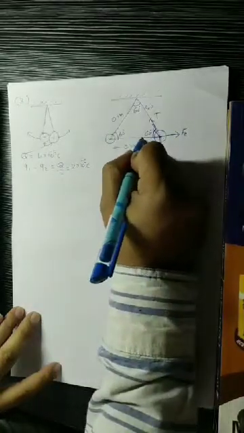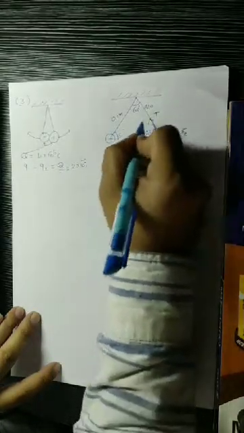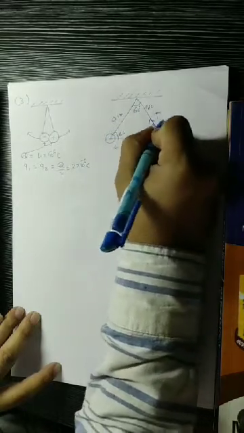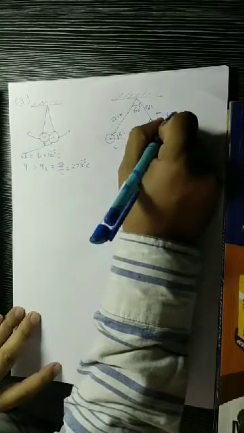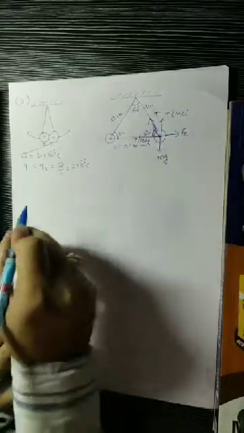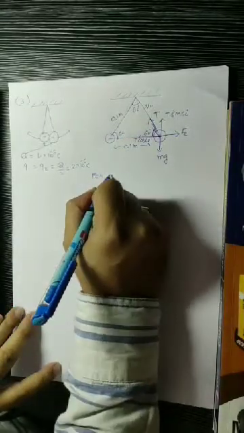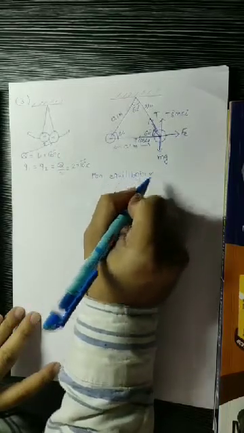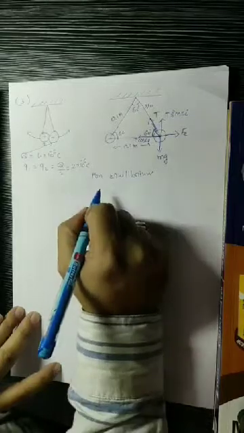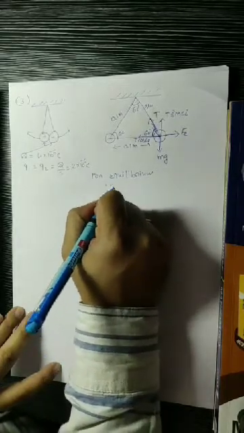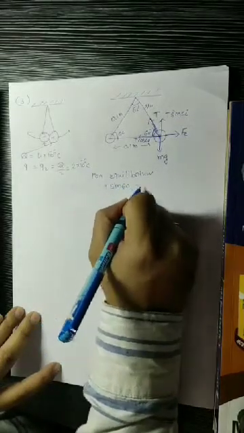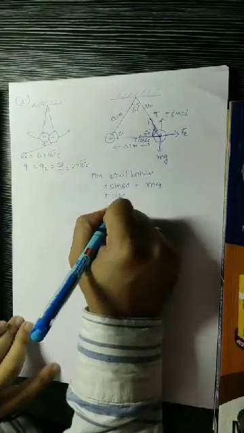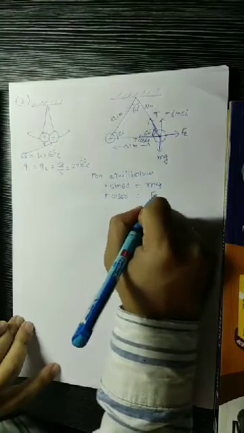So if we take the component of tension along this direction, it will be T cos 60, and in this direction the component will be T sin 60. So for equilibrium condition, if we balance forces, vertically T sin 60 will be equal to mg, and balancing horizontal forces, T cos 60 will be equal to the electrostatic force.